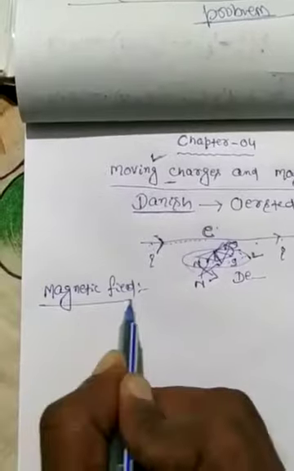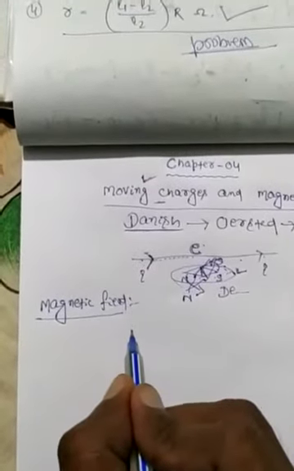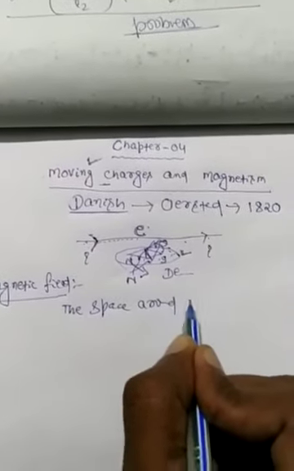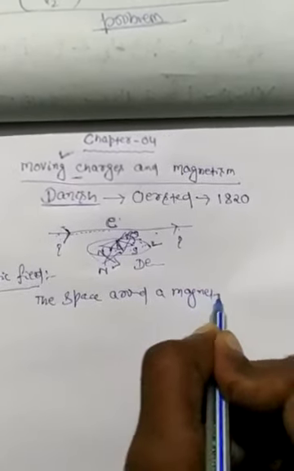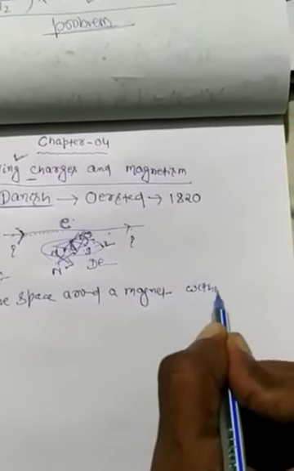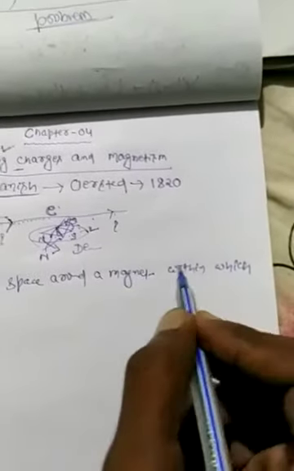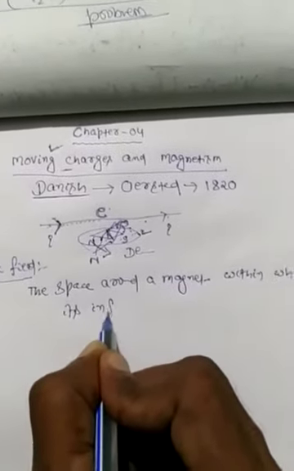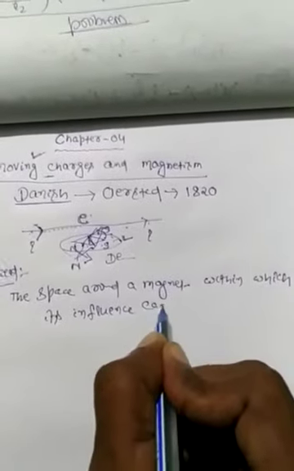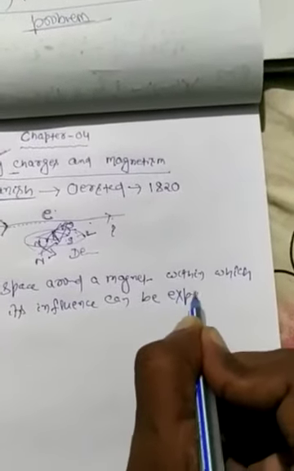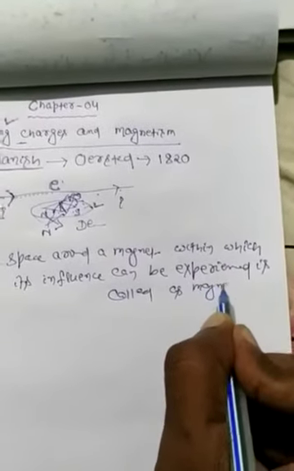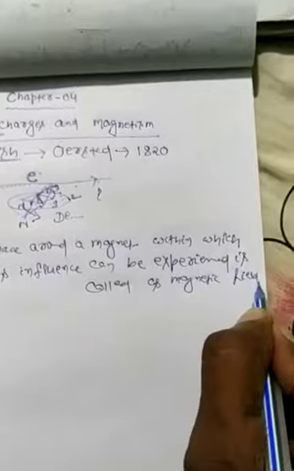Just like the definition of electric field, the space around a magnet within which its influence can be experienced is called magnetic field.